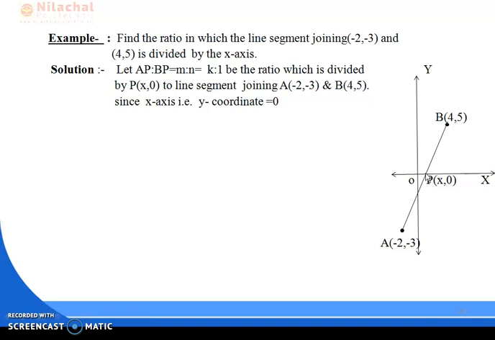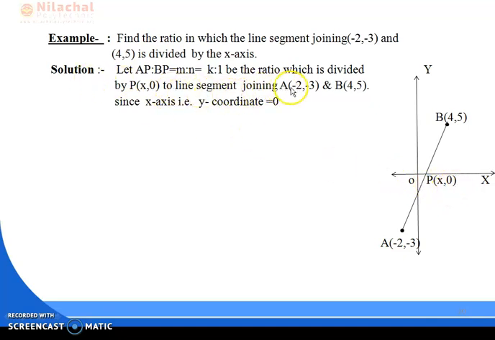That means any point on the x-axis has y coordinate 0. The x coordinate may be anything but the y coordinate must be 0. So P's coordinates must be (x, 0). We don't know the value of x, but the y coordinate must be 0.